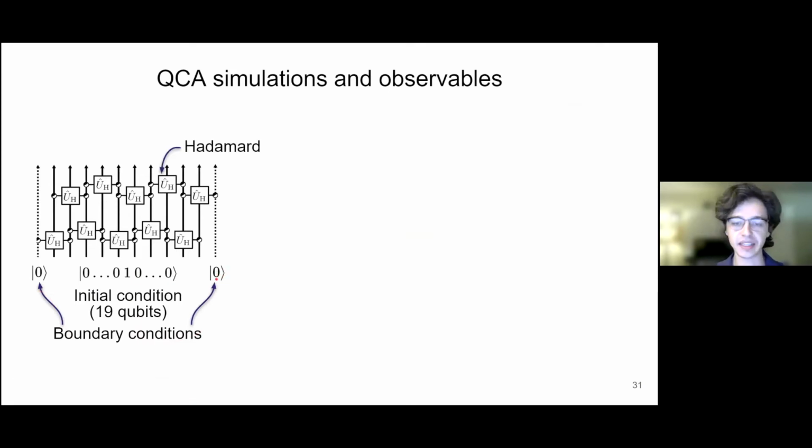We choose as that local update unitary the Hadamard gate, familiar from quantum computing. This is a unitary rotation which takes, say, the positive z-axis on the Bloch sphere to the positive x-axis. And we'll repeat this 2-circuit layer time step 10,000 times, and at each time step, record the state of the quantum system psi.